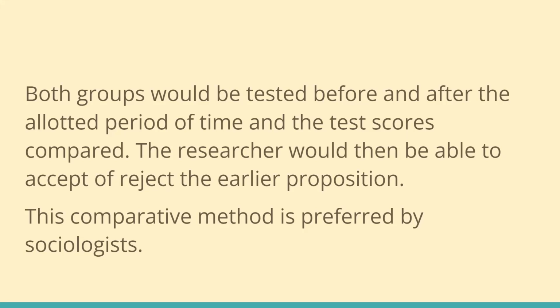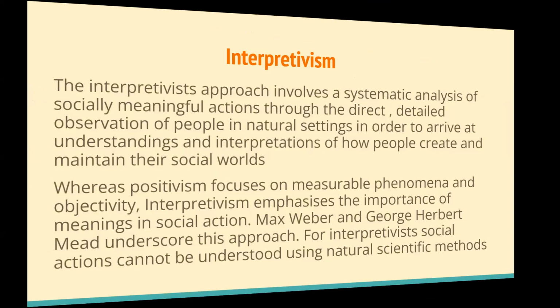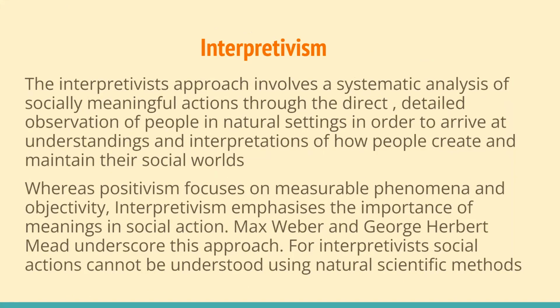This comparative method is preferred by sociologists. Now we are going to move on to our second objective for this class. And we're going to be looking at interpretivism as the second research method.